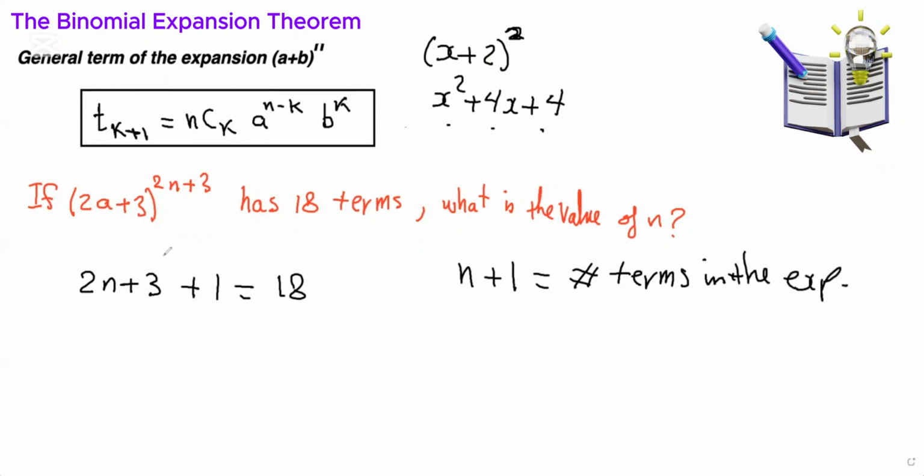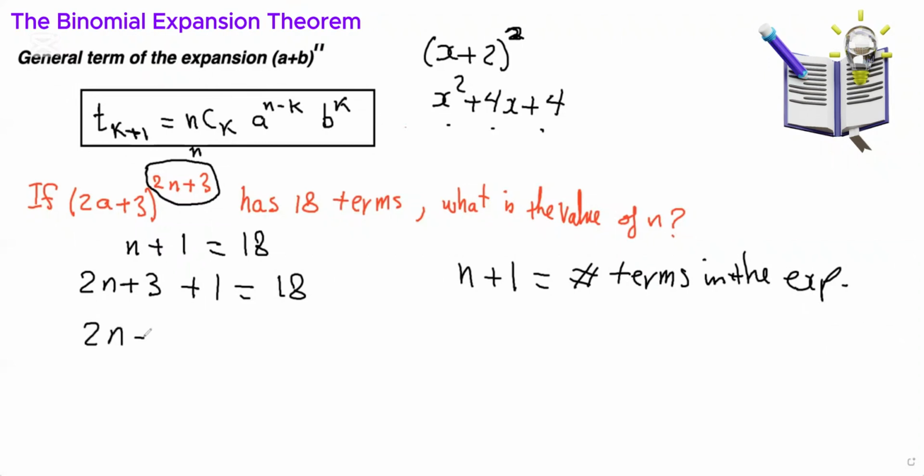Now, this is your n according to this formula here. Don't worry about the n here. Therefore, n plus 1 should equal 18. And since n here is represented by 2n plus 3, then 2n plus 3 plus 1 equals 18.